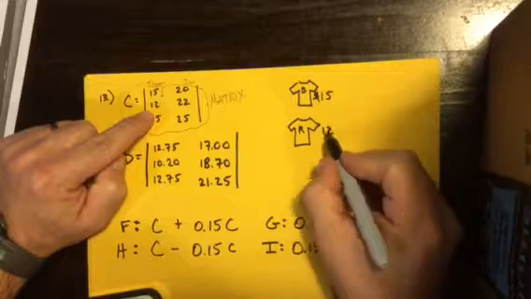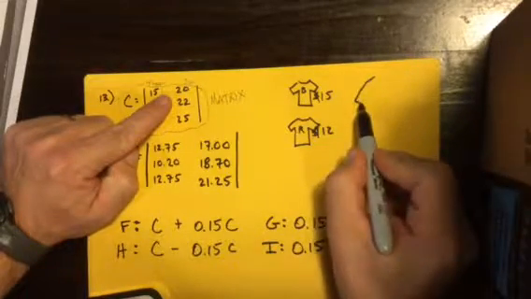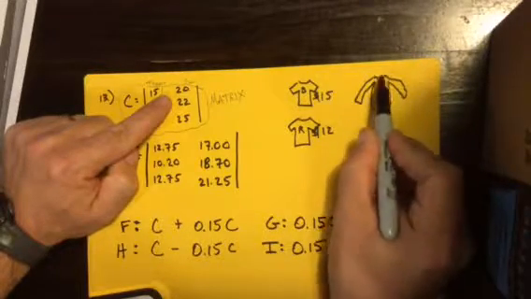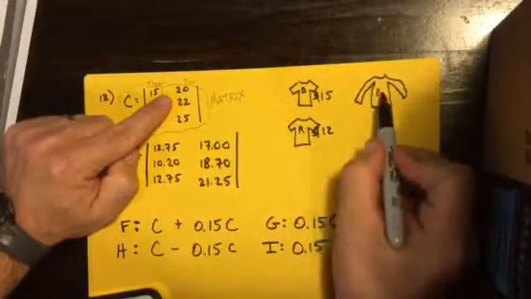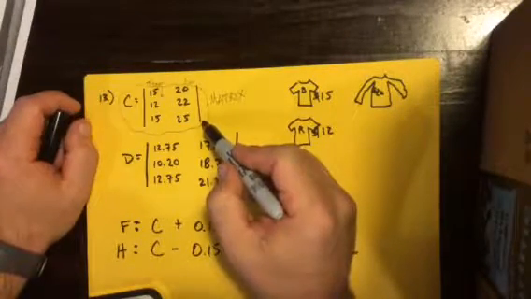This one is $12. Over here you would have a long sweater, and the first sweater that you laid out is $20. So that's all this matrix does, is organize information.